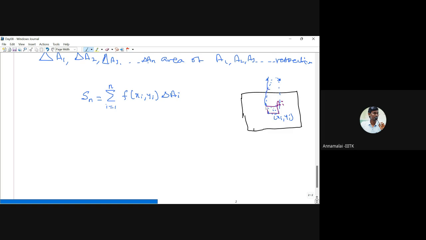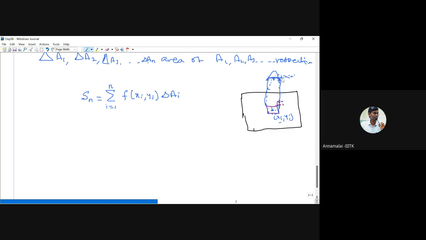You connect all the things. It's a continuous function, right? Now, what is the height? You can pick some point, and this is f of xi comma yi. This is the maximum height, but it's not exactly. Maybe the graph looks like this. This is not a rectangle, but we can choose some arbitrary point and take f of xi. Consider this maybe the lower sum or something.